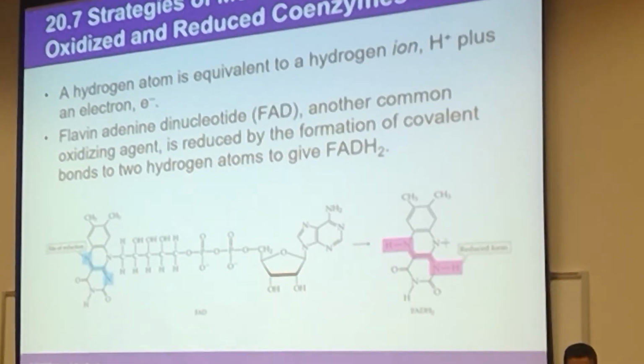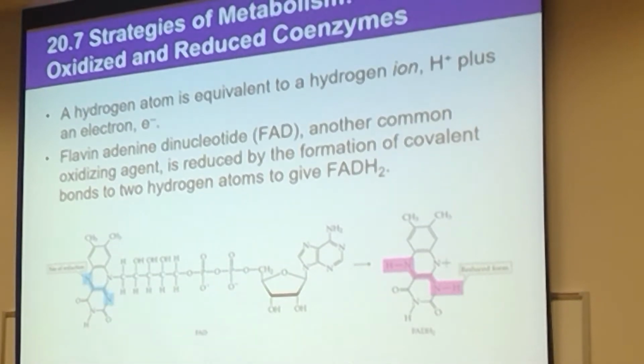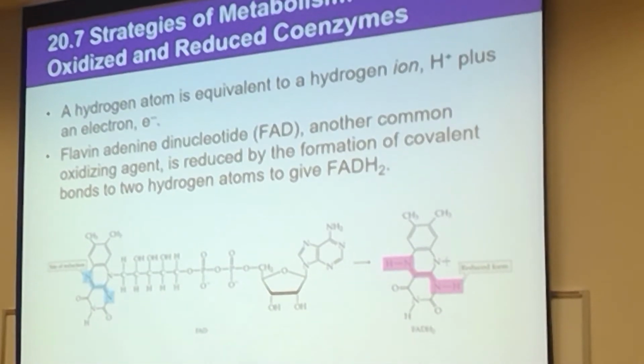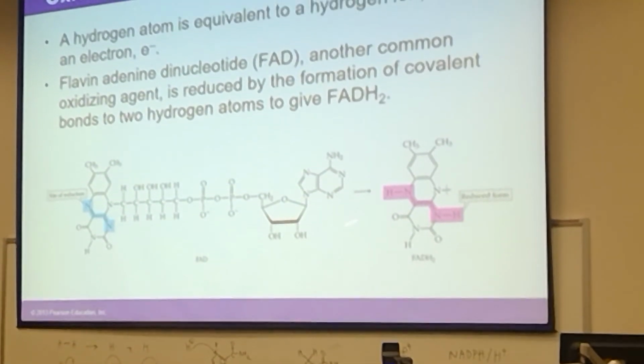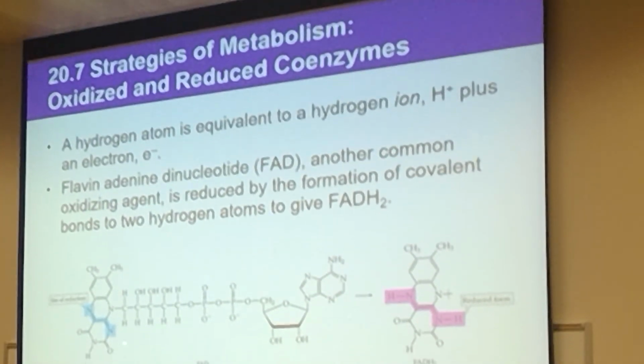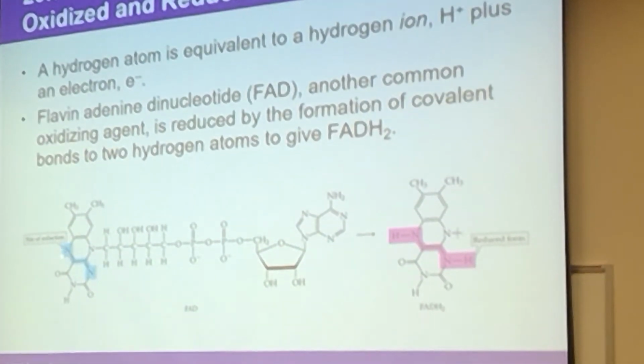Another type of reduced coenzyme, or the coenzymes that do the same type of thing, is the FAD. So this is the structure of the FAD, and here is the reaction site. So a hydride anion can add to this nitrogen, and the proton can add to that nitrogen, and this is the new form of that.